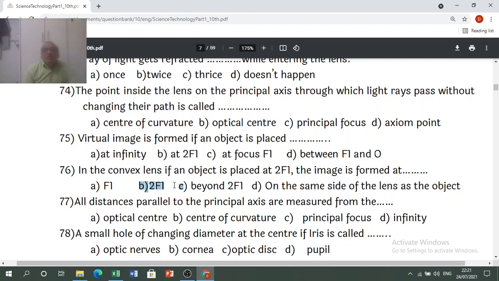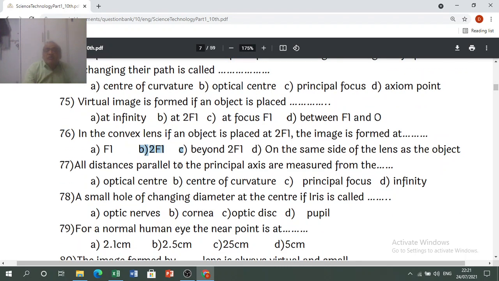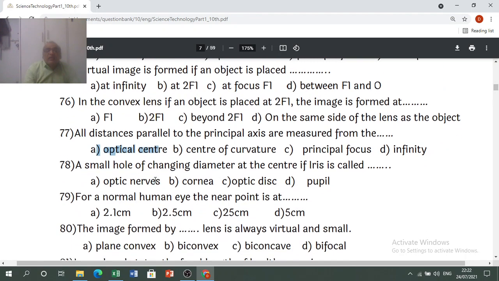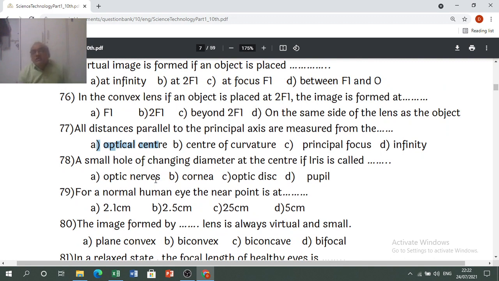The distance measured parallel to the principal axis from the optical center. A small opening of changing diameter in the center of the eye is called the pupil. Answer is D.